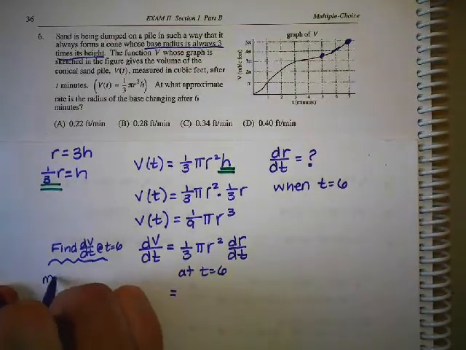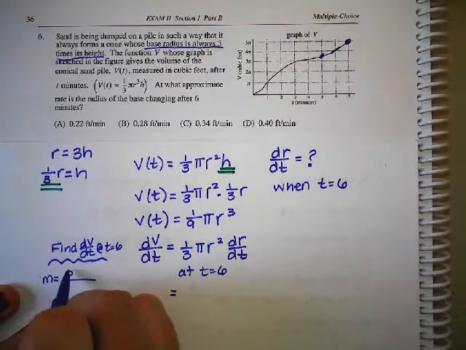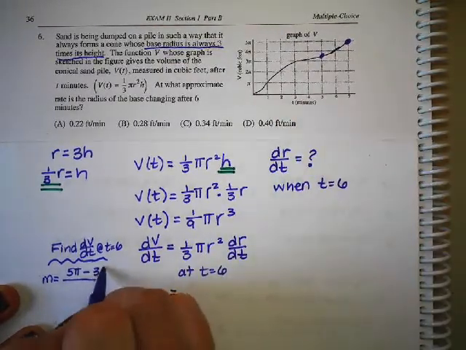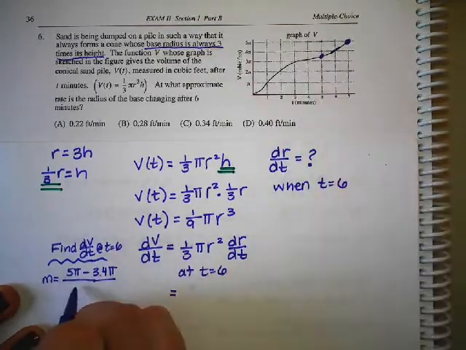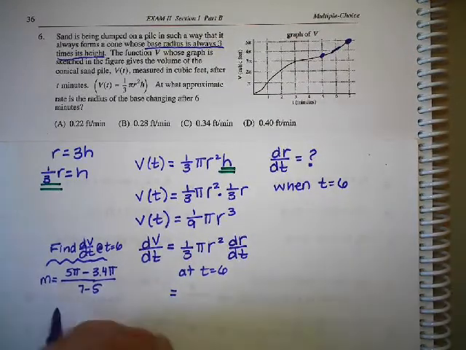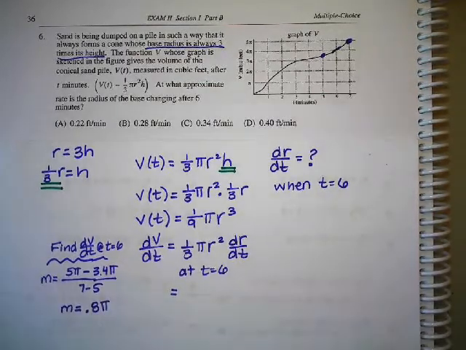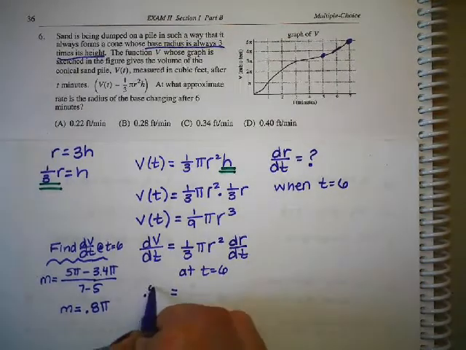I'm going to say y minus y, so this y is 5 pi, minus this y is maybe 3.4 pi, something like that, over x minus x, so 7 minus 5. Now, if I were to type that all into my calculator, I would get that my slope is 0.8 pi. That's just an estimate because I estimated the 3.4. But for dV/dt, I'm going to put in 0.8 pi.